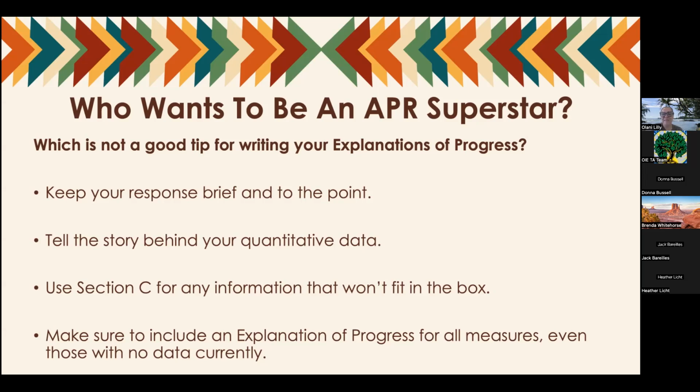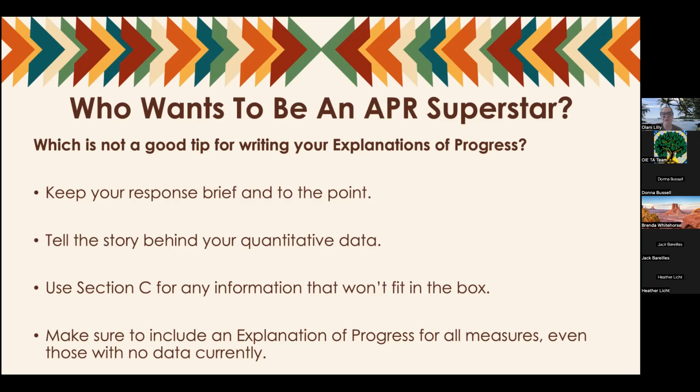All right. So what should be in your explanation of progress? Again, it should be detailed. It should talk about your data collection. It should reflect the data that you shared in the quantitative charts. It should be as robust as those characters allow you.